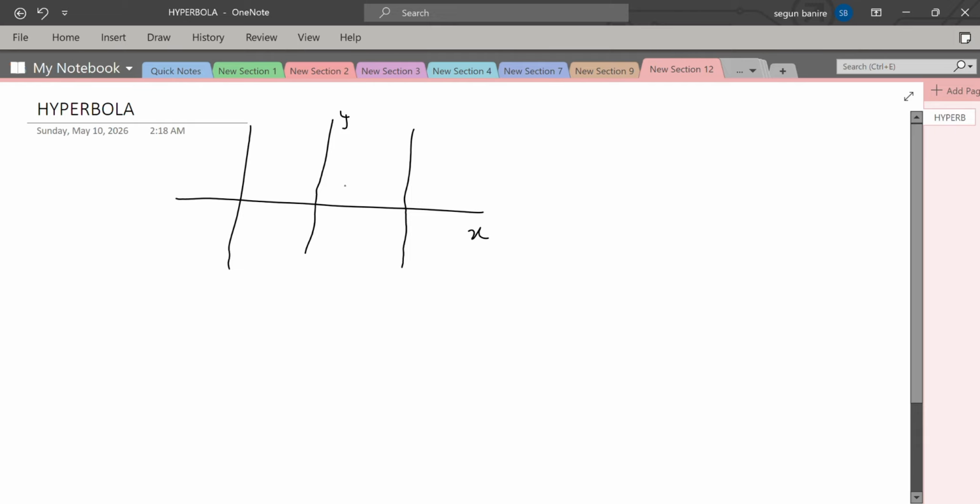So these are like your lines of directrix, and then okay, so the first one goes like this, and the other one goes like this. What I'm drawing is not drawn to scale, so take note of that.